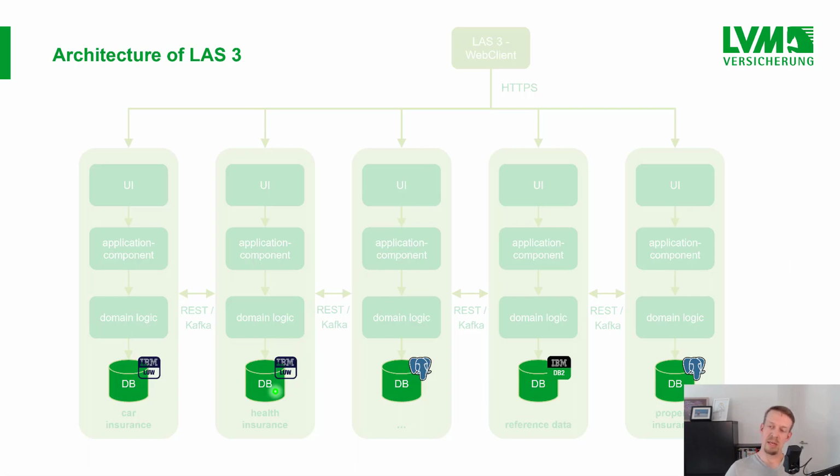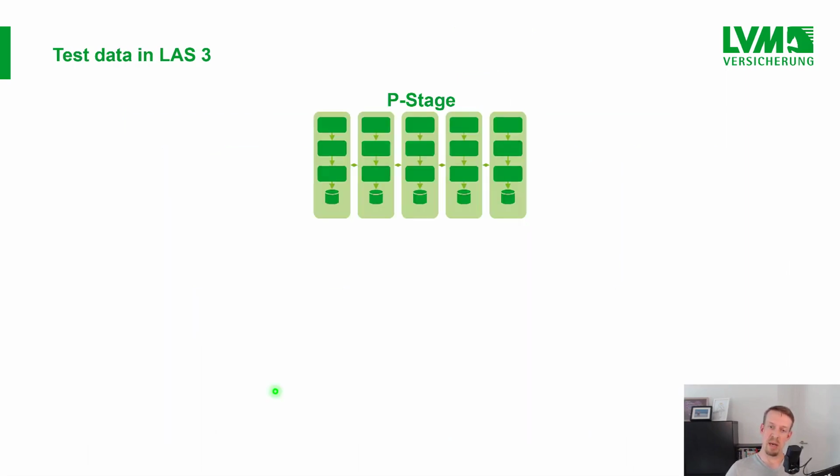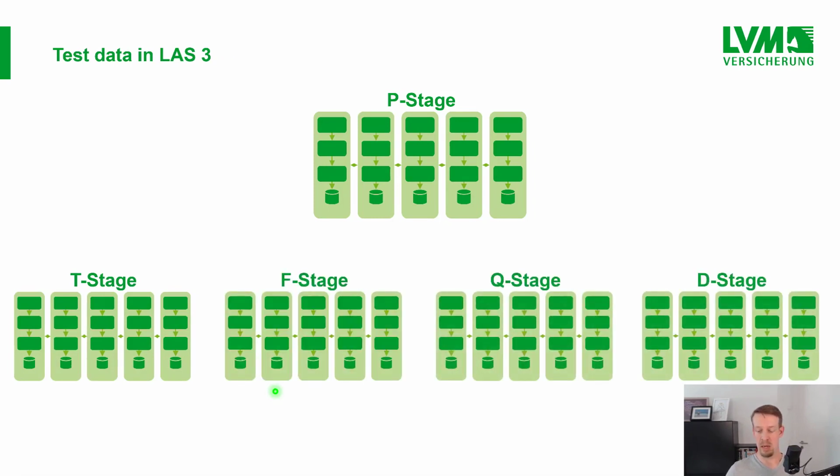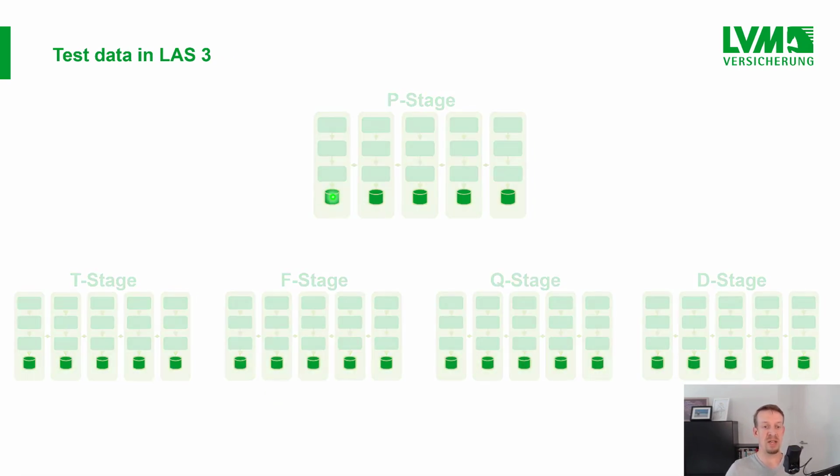Now, as I already asked, the question is, how do we get the datasets consistently from our production stage down into our test stages, and with that, from several databases consistently into several databases? That was the task to solve.